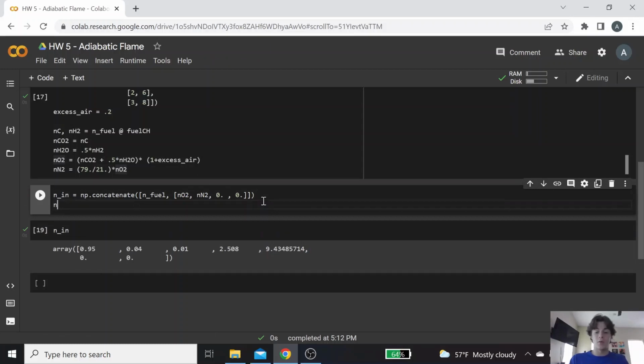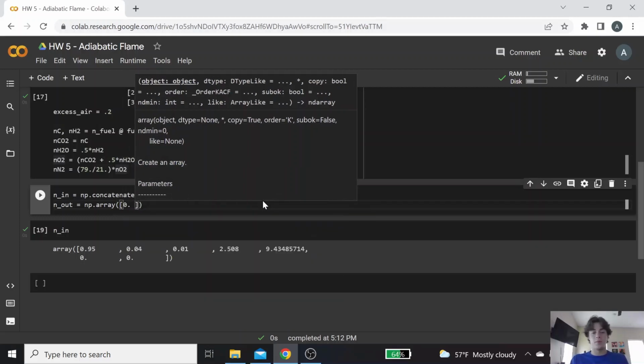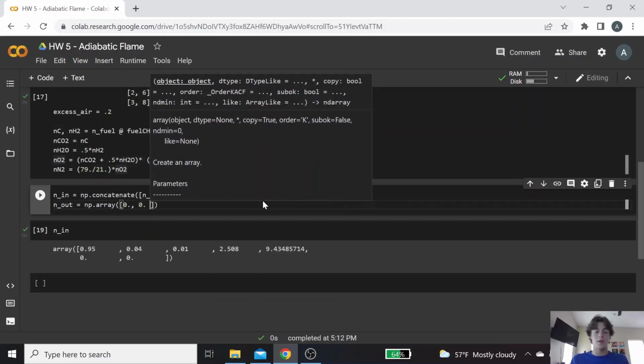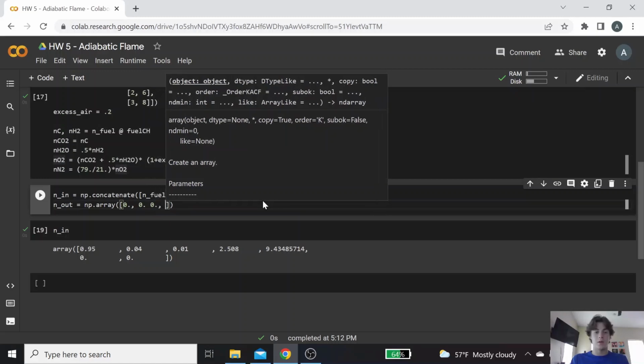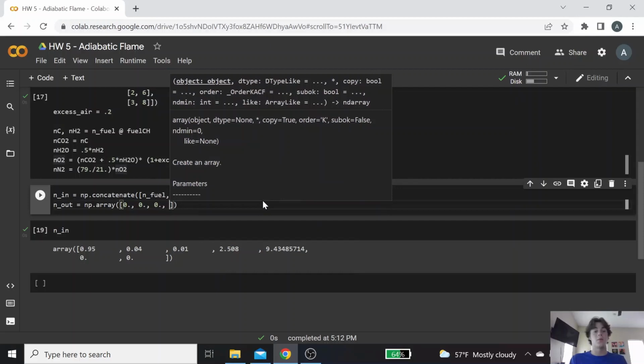So now we'll do the same thing, but we'll define the chemical makeup of the stream coming out. So we'll do this as a NumPy array. There is no propane, ethane, or methane coming out because it's all reacted and burned and created the flame.